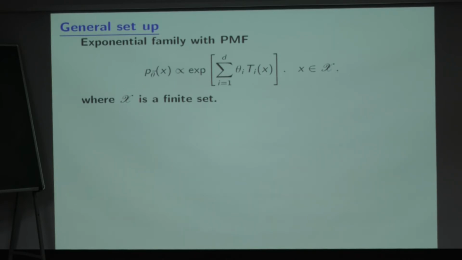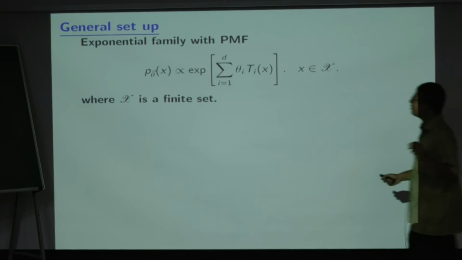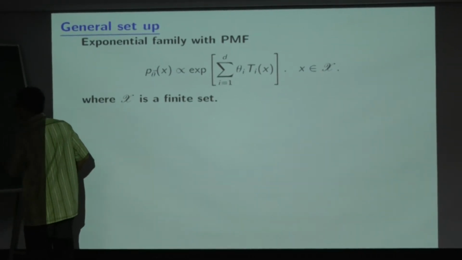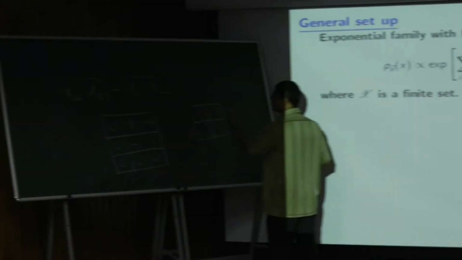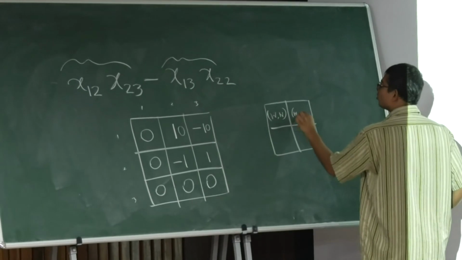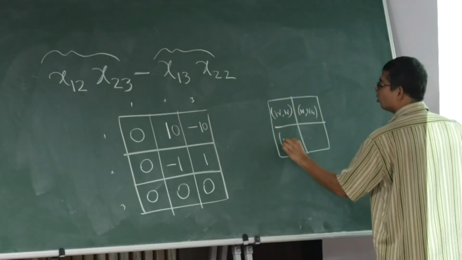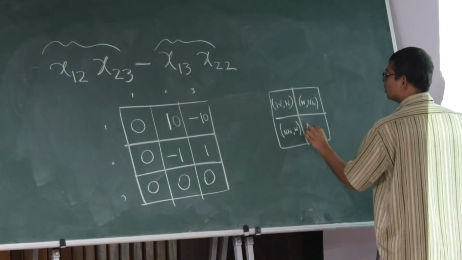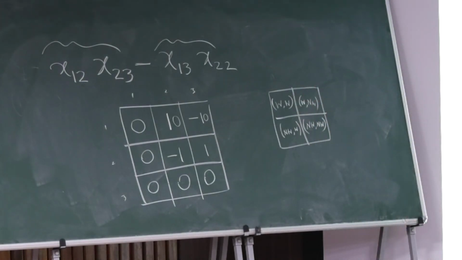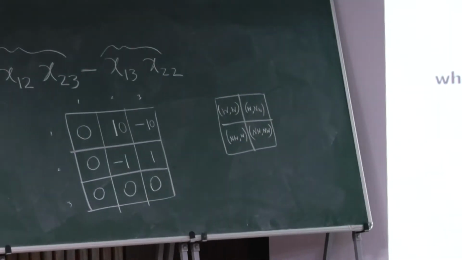In our very first example, script X was this set. It has only 4 entries: mother and child both have world, world; world, no world; no world, world; and no world, no world.